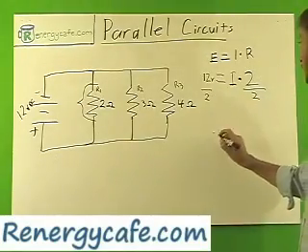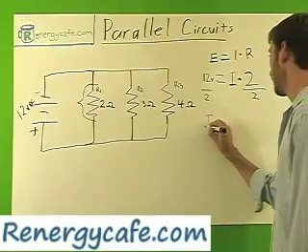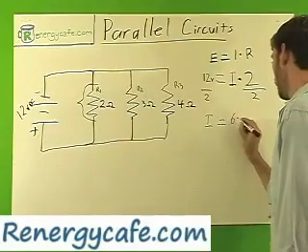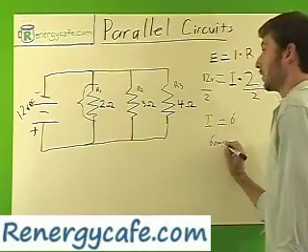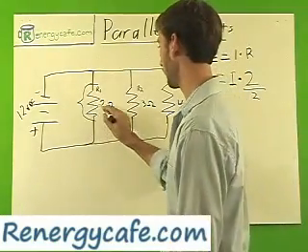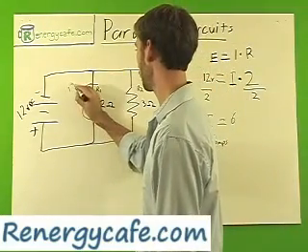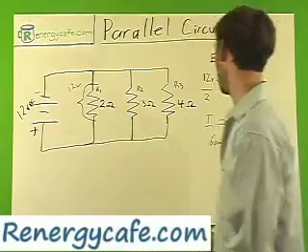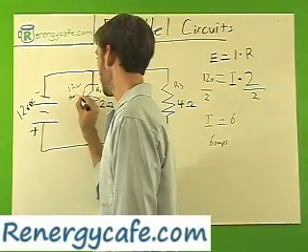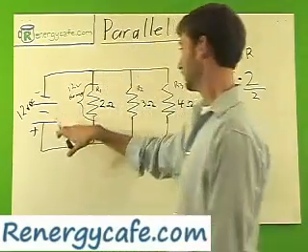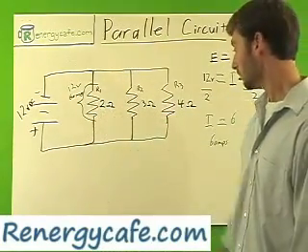And what we end up with is I equals 6, so we have 6 amps. So we already know that we have 2 ohms and 12 volts, but now we just figured out that we also have 6 amps. 12 volts, 6 amps, 2 ohms.